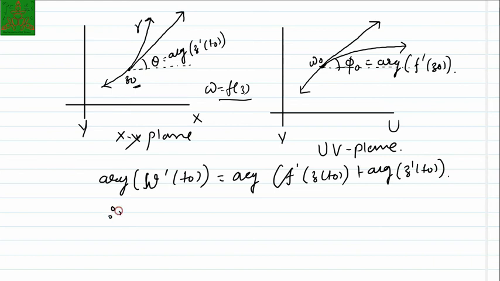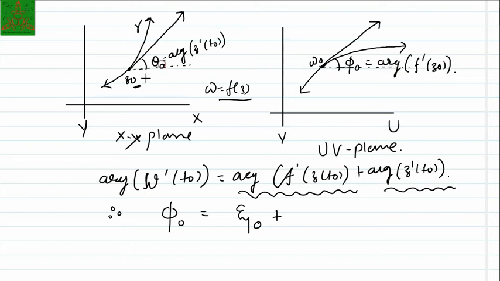So what is this? This is the phi that we have assumed, which will be denoted as xi of 0, and this I am just re-denoting as theta 0.